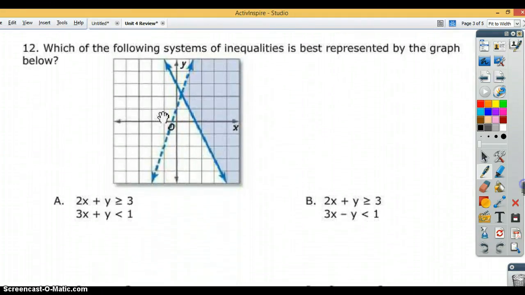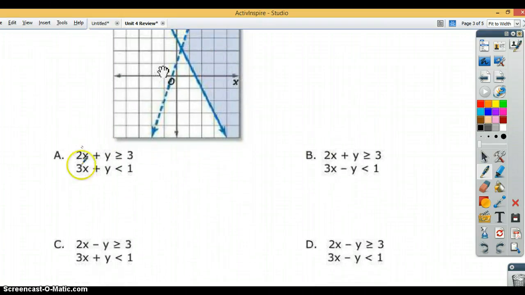Alright, 12. So it says, which of the following systems of inequalities is best represented by the graph below? So by this graph. Alright, so this is our double shaded region over here. So we have to solve these for y. So we have 2x plus y is greater than or equal to 3. So we subtract 2x from both sides.